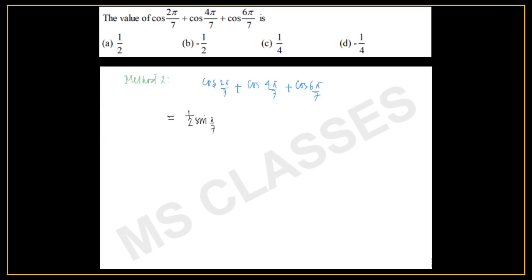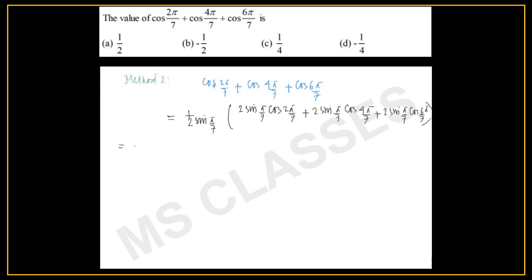So it is 2 sine pi by 7. We multiply the numerator also. So it is 2 sine pi by 7 cos 2 pi by 7 plus 2 sine pi by 7 into cos 4 pi by 7 plus 2 sine pi by 7 into cos 6 pi by 7.